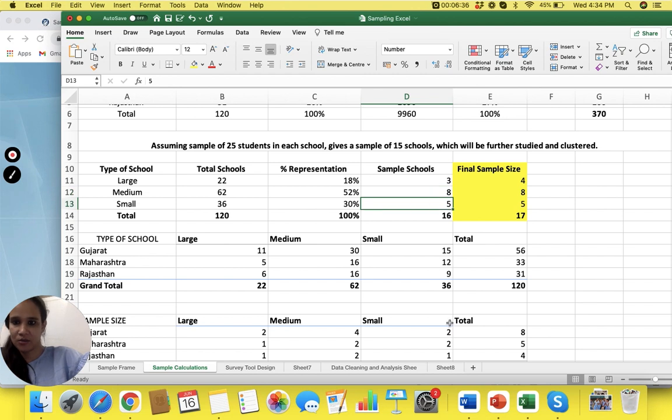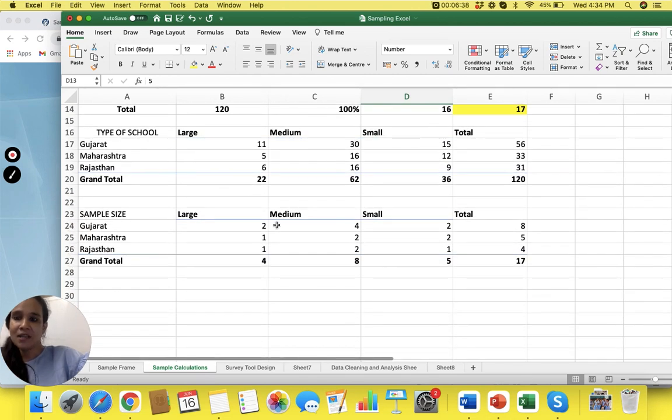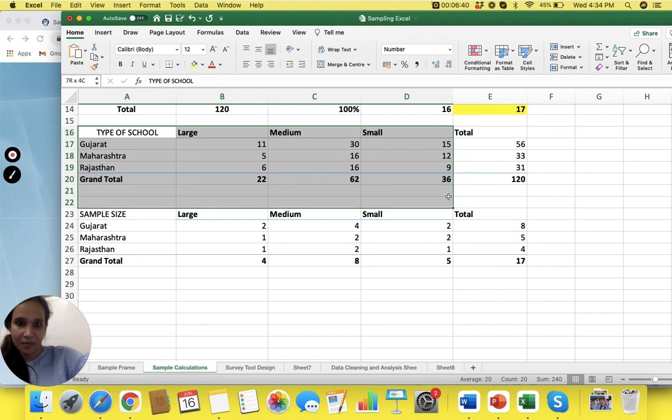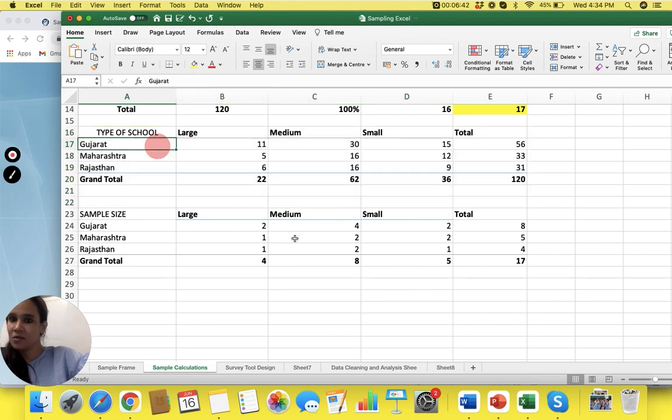But when we start looking at this breakup of type of schools, we see that we should take more schools in Gujarat, at least 1 more, because it's double of the actual school size. Here, while there are 30 and then half and half, we've still taken 2 schools each in Maharashtra and Rajasthan and 4 schools in Gujarat.